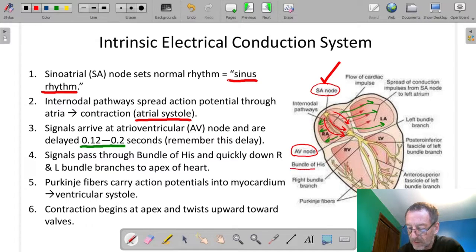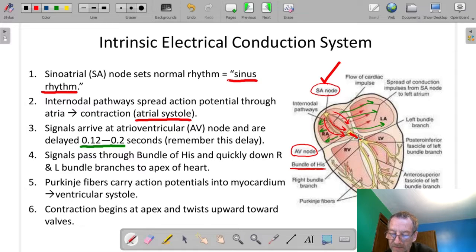So the next piece in this wiring system is the bundle of His, and that's what pierces the septum between the atria and the ventricles.